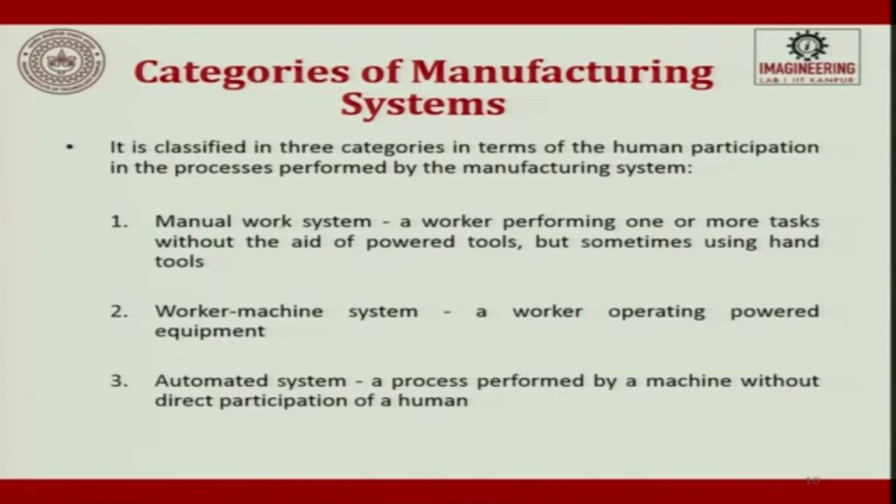One is manual work system, wherein a worker performs one or more tasks without the aid of powered tools. So, here we do not use a power tool, we use hand tools.